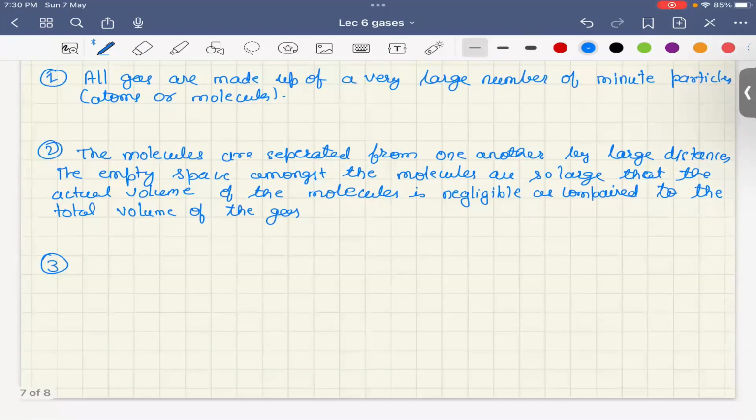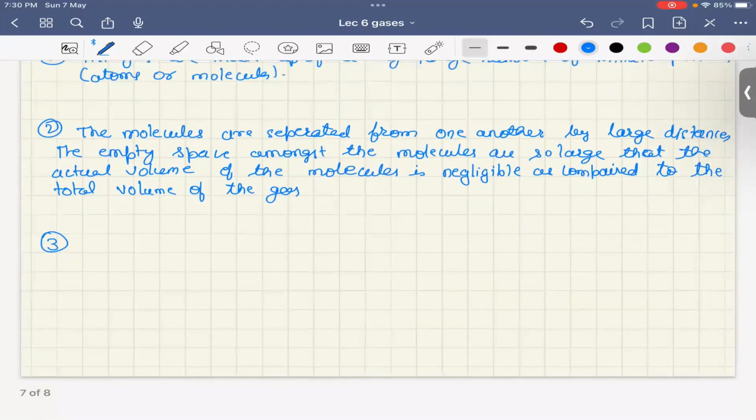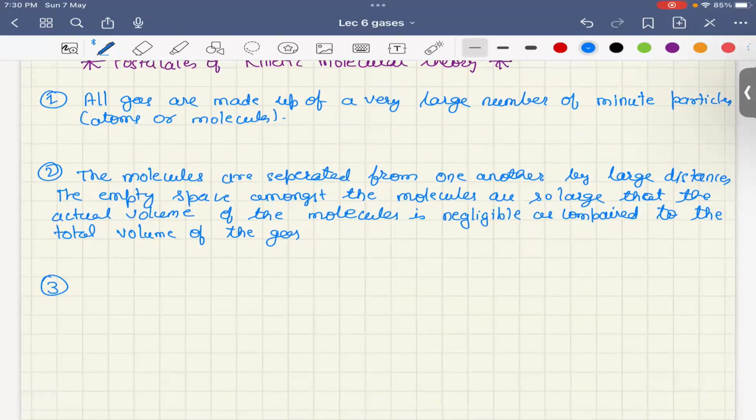The third point is that the molecules are in a state of constant and random motion in all directions.